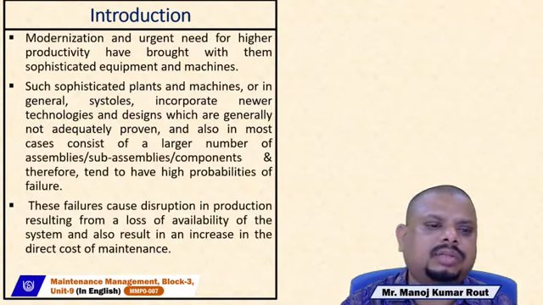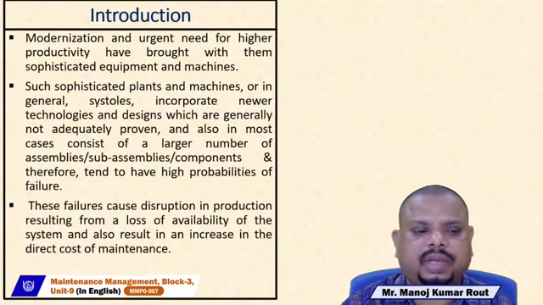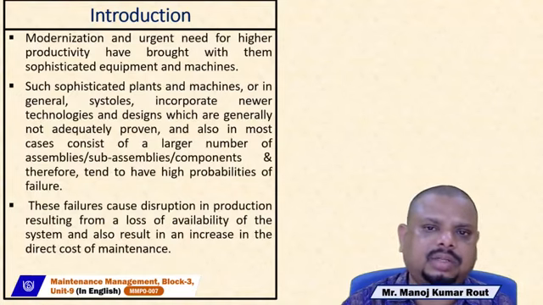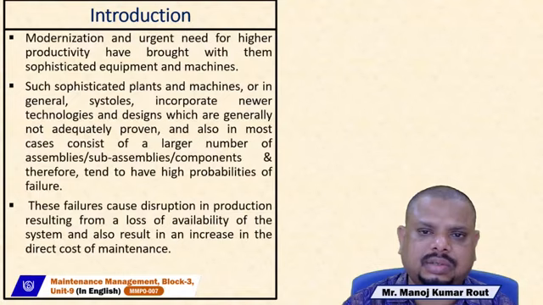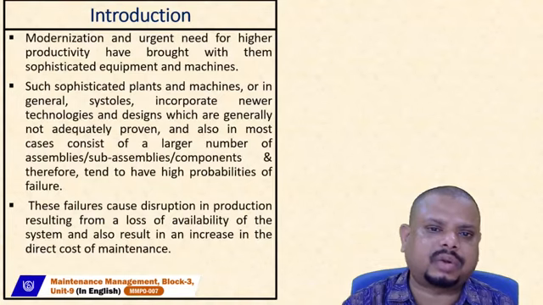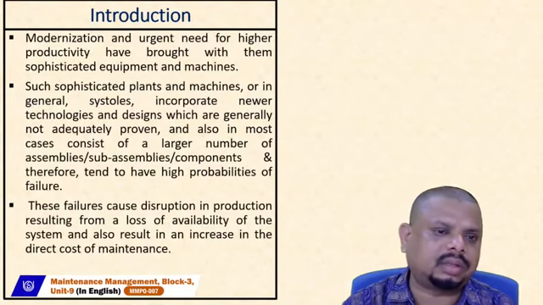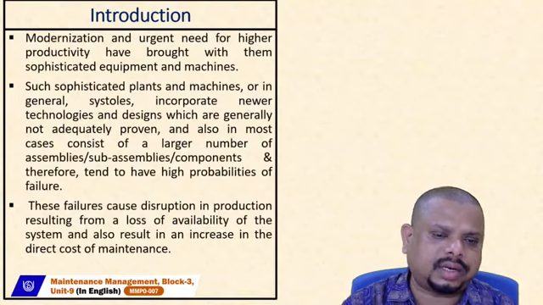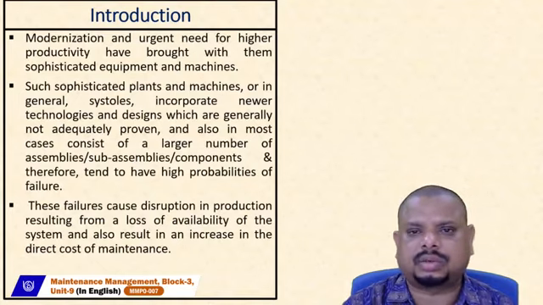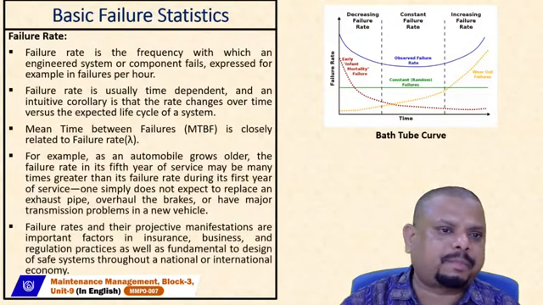So whenever you think about these sophisticated machines, the probability of failure is much higher, and this failure causes large disruptions in production, and as a result the cost of maintenance also increases, whether the companies implement preventive maintenance, predictive maintenance or proactive maintenance in the particular departments. So let's understand the different kinds of causes which directly restrict production, resulting in the loss of availability of the systems. Moving to the next important part.